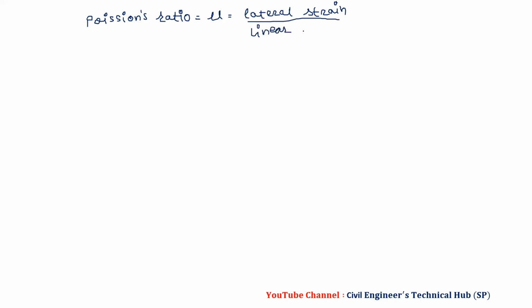These are important things which I am explaining. The value is generally from 0.25 to 0.3. So these are the questions which we have related with stress, strain, and likewise.